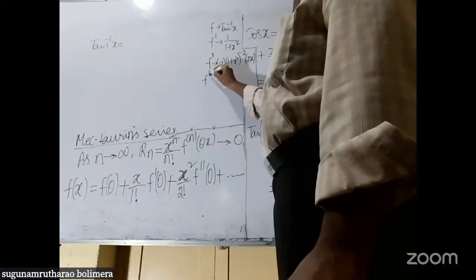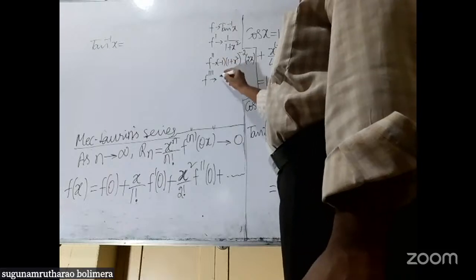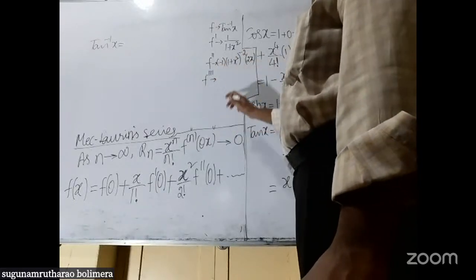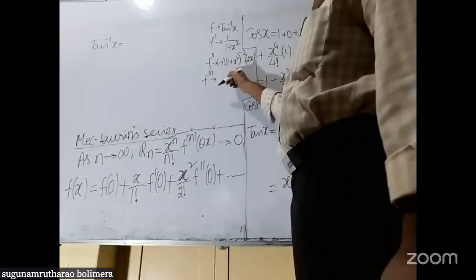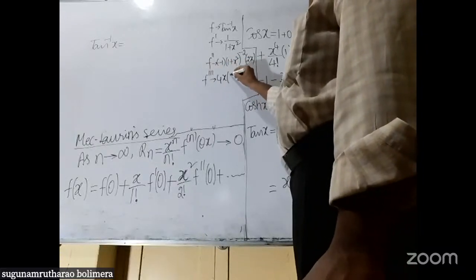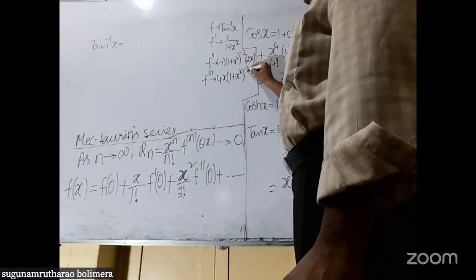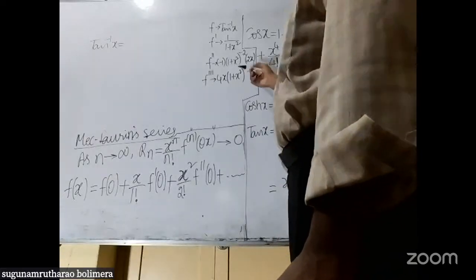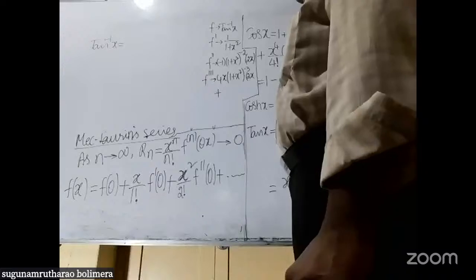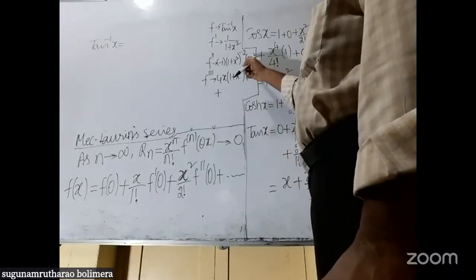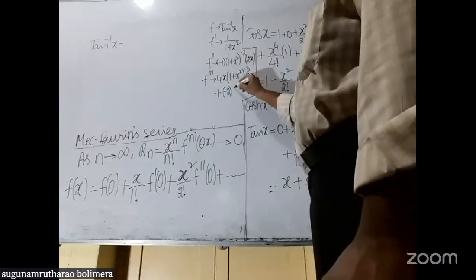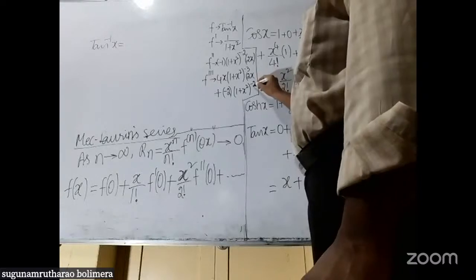So f triple dash, using the product formula of differentiation: minus 2 into minus 1 will be 2, 2 into 2x, 4x, (1 plus x squared) whole power minus 3, into 2x, the derivative of 1 plus x squared, plus the derivative of 2x is 2, minus 2 into (1 plus x squared) whole power minus 2 and so on.